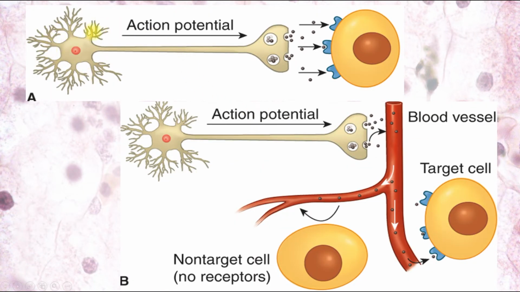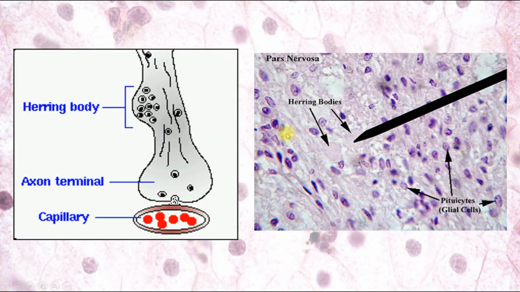Here we can see in the neurosecretory cell the action potential goes here, and it's typical nerve action, but atypical in that hormones are released into the bloodstream, and blood distributes those hormones to the target cells. Before the axon terminal, there are wide regions of the axons where inclusions of hormones accumulate.